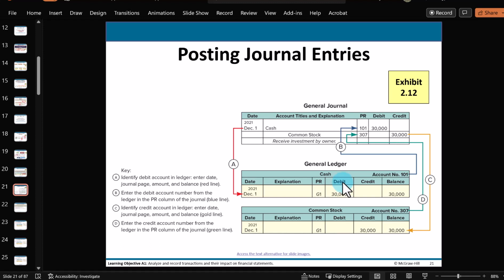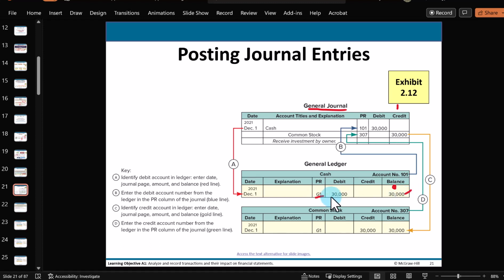This is coming from page 1 of the general journal. There should be a page number up here. So right here in this posting reference column, you show what page this 30,000 is coming from. That general journal, page 1. And because we have a zero starting balance, we just put the same amount, increasing it to 30,000 leftover balance.